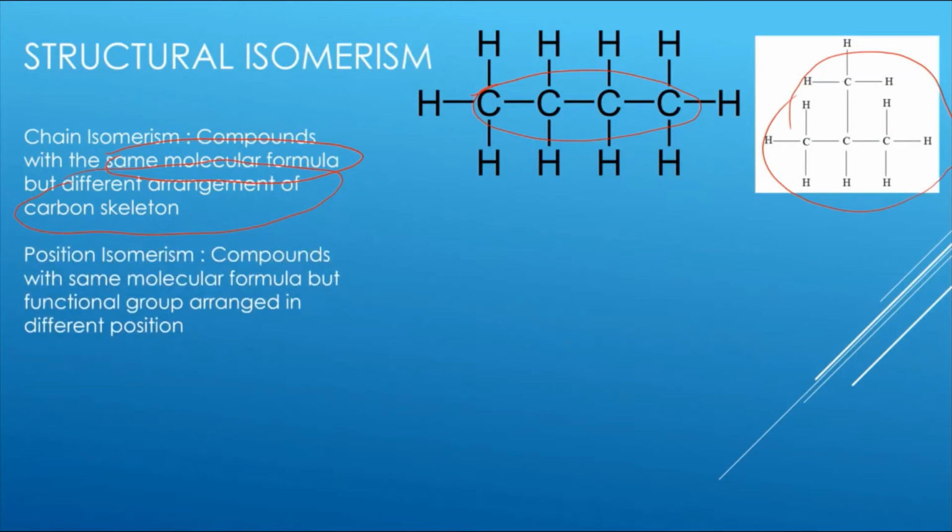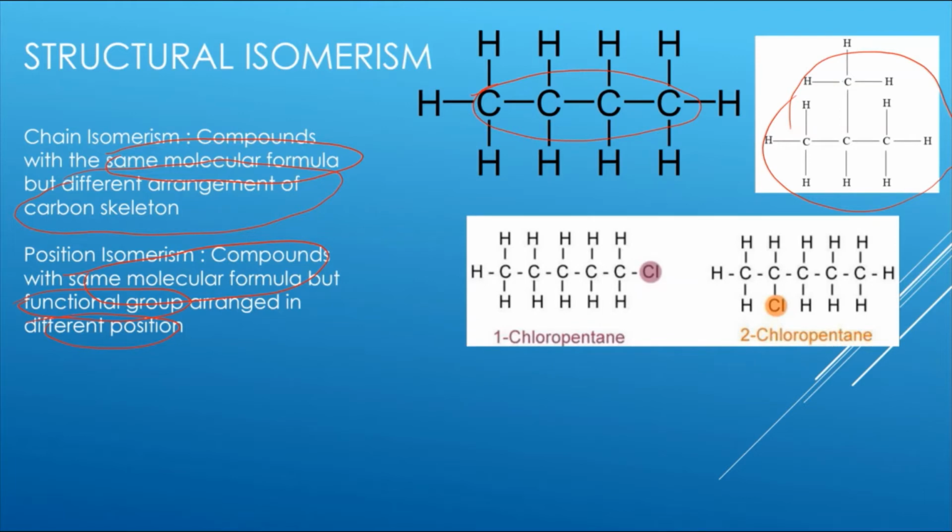The next example is position isomerism. These are compounds with the same molecular formula, but with the functional group arranged in a different position. Focusing on the functional group now, in this case we have 1-chloropentane and 2-chloropentane. They both have the same molecular formula and the same functional group, which is the chloro, but the functional group is in a different position.